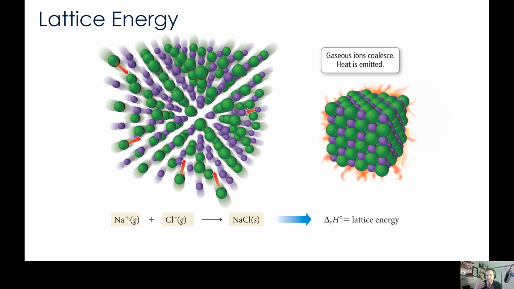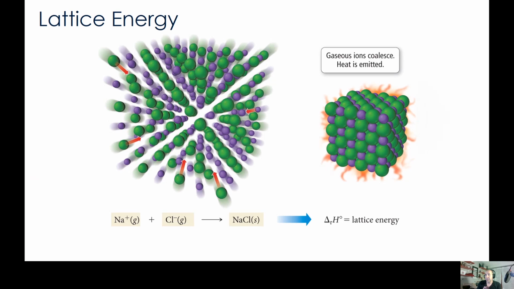Now, the term lattice means essentially a regular repeating pattern, and ionic compounds are organized into lattices. So if you look here at our sodium chloride in the solid state, the ions are placed in a regular repeating pattern. Now, the energy holding all of that together is referred to as the lattice energy.